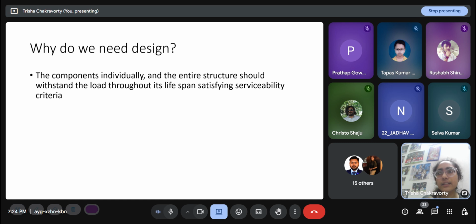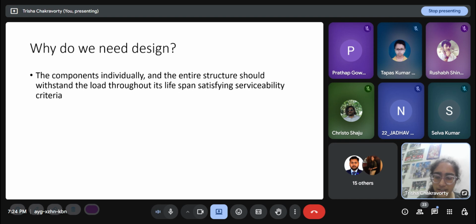So even this looking-safe part, if it looks unsafe, is violating the serviceability criteria. Because at the end of the day, we are catering to laymen. The building is being built so that the people using it feel comfortable and they can use it in whatever way they want.